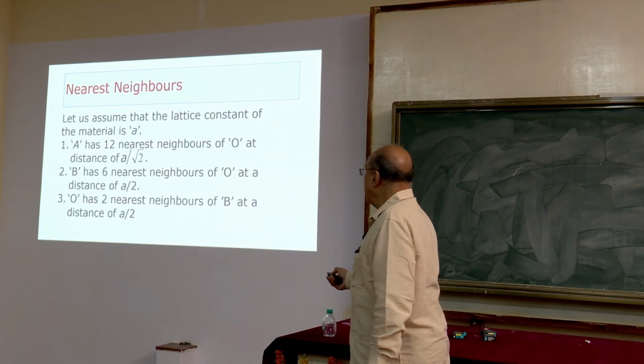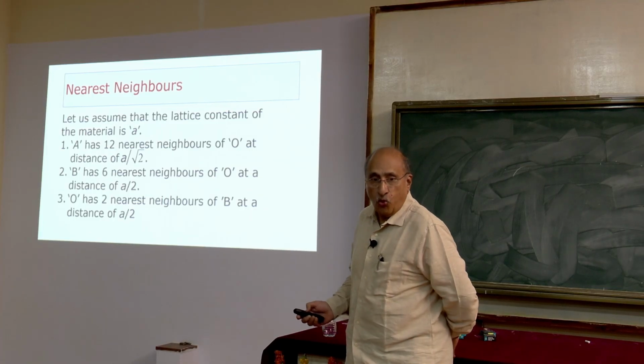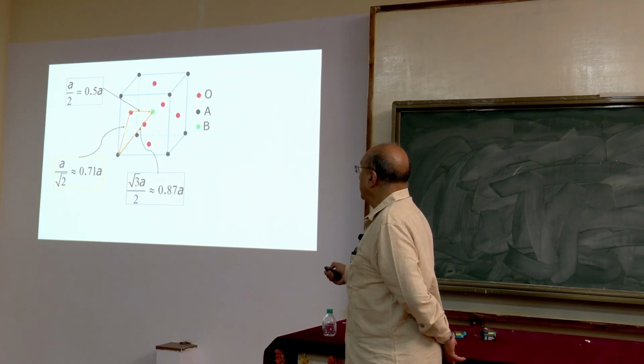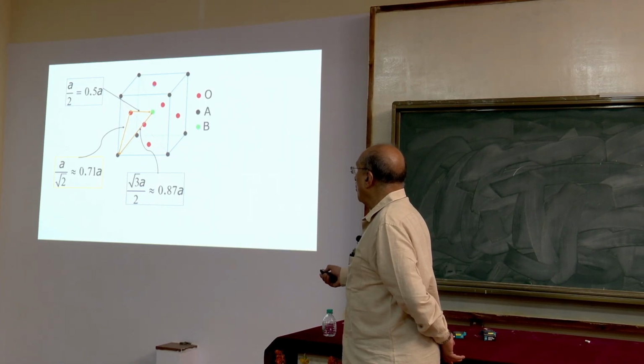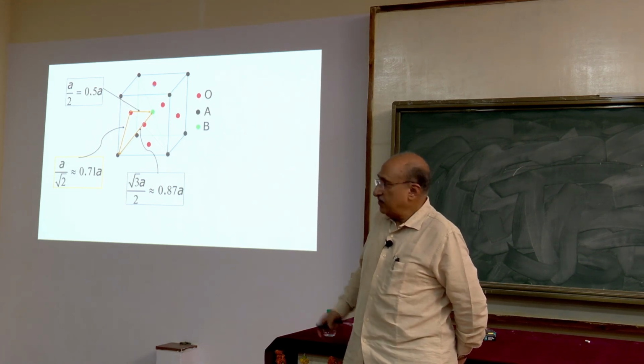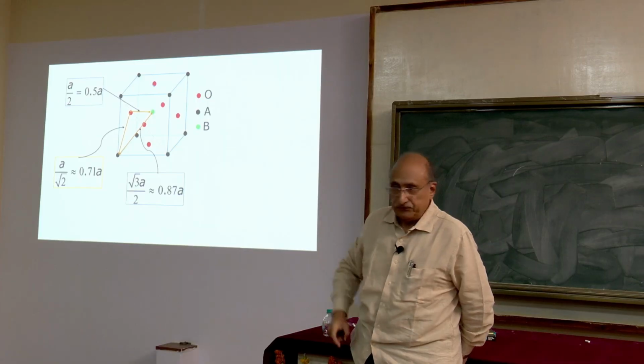A has 12 nearest neighbors of O at a distance of a by root 2. This is A. This is the nearest. This is a by root 2. In the face center, this and this point is the nearest point.